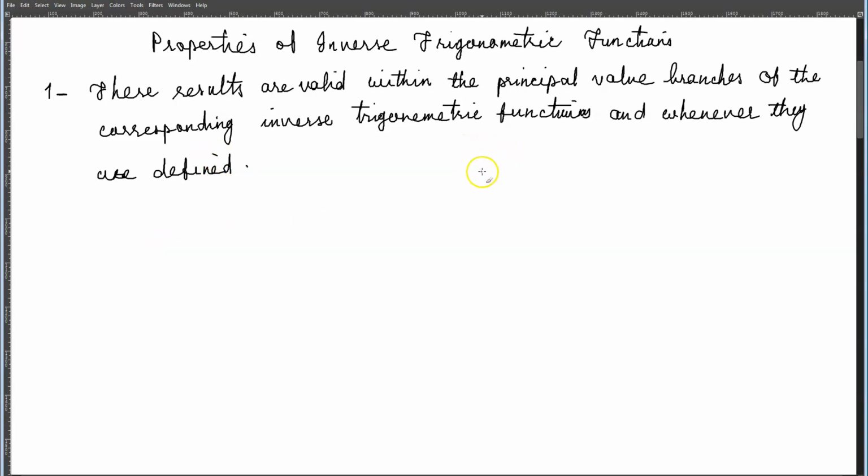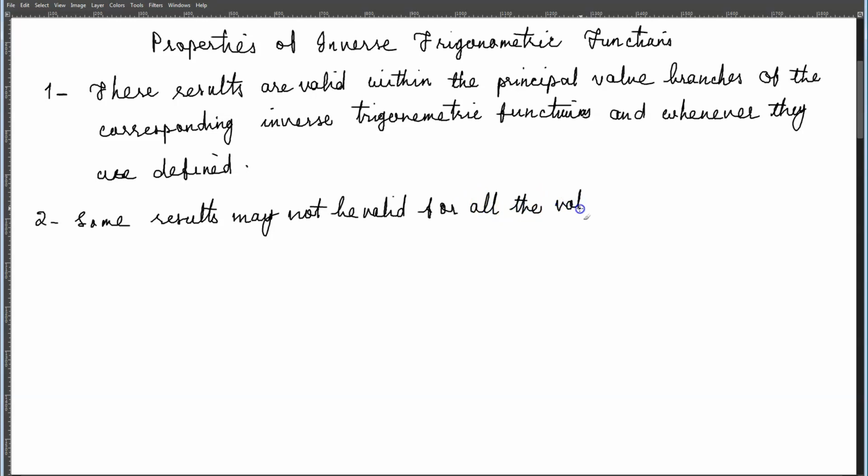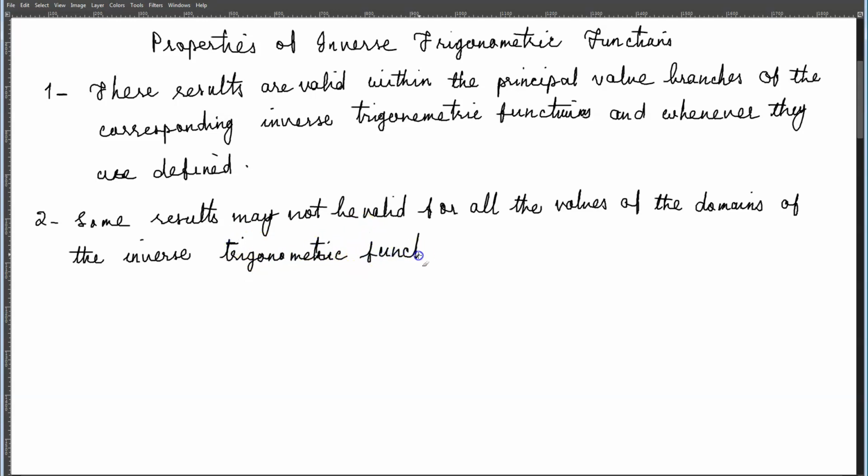Number two, some results may not be valid for all values of the domains of inverse trigonometric functions.